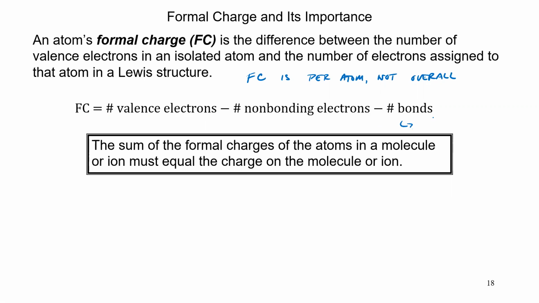Right? So just to be clear here, a single bond is one bond. A double bond, even though it's in the same area of space, we still count it as two bonds. And of course, a triple bond would be three. The sum of charges in an atom, in a molecule or ion must equal the charge on that molecule or ion.